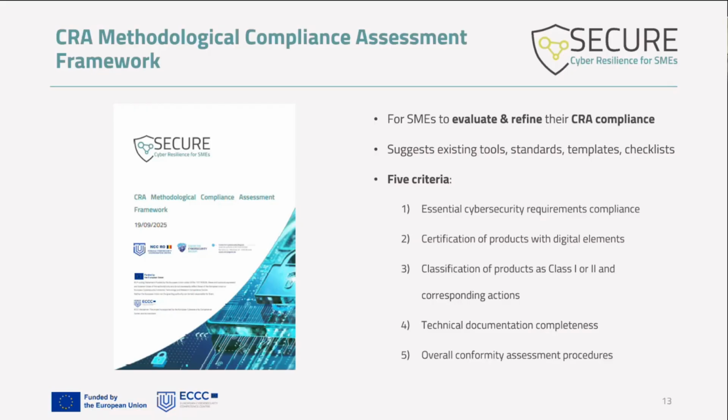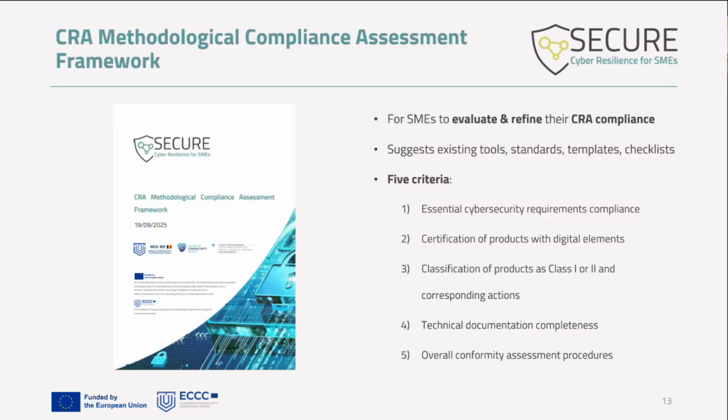essential cybersecurity requirement compliance, certification of products with digital elements, classification of product as class 1 or class 2 and corresponding action, technical documentation completeness, and finally, overall conformity assessment procedure.